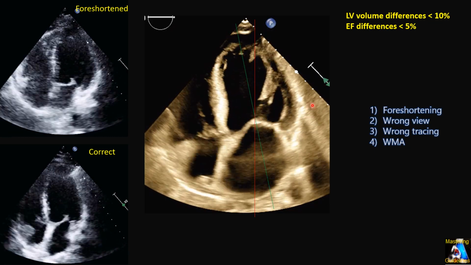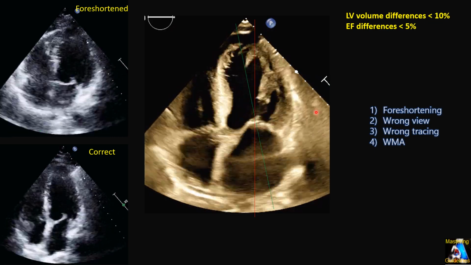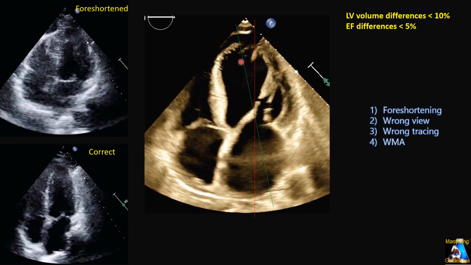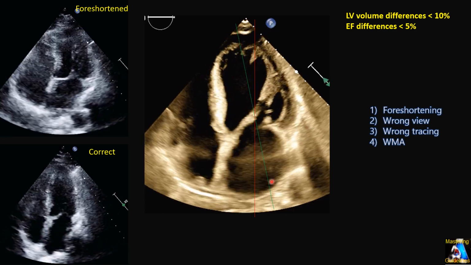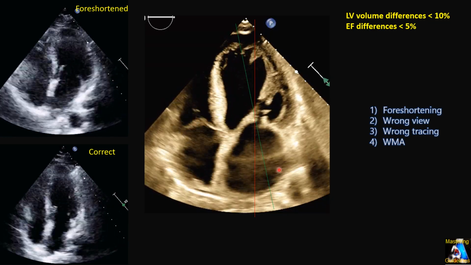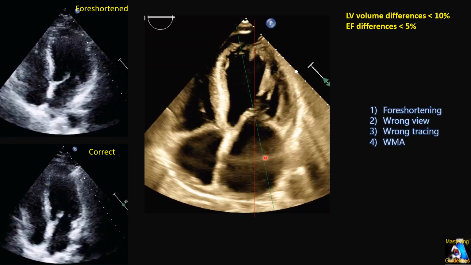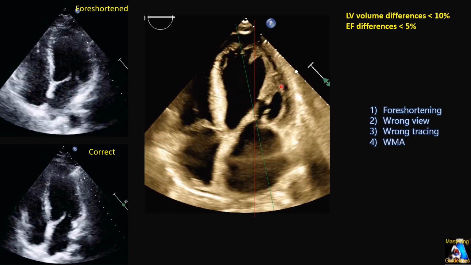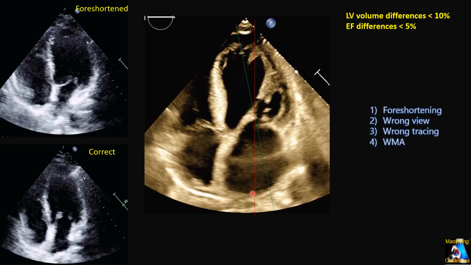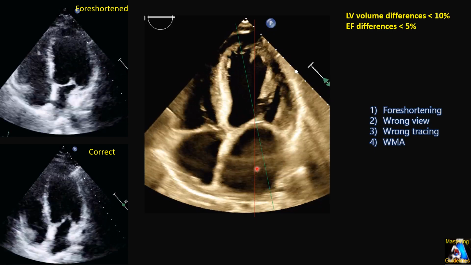So remember an extra tip: when you go to apical 2 for the left ventricle on this green line, that will not be correct for measuring the left atrium in the two chamber view. For the two chamber left atrium volume, you have to go a little lateral and make it the correct axis of the view for the left atrium.